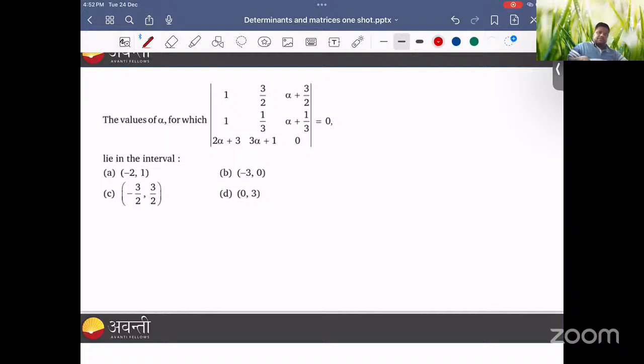The value of alpha for which this determinant is 0 lies in the interval. Now see, the only agenda is you simplify this determinant.